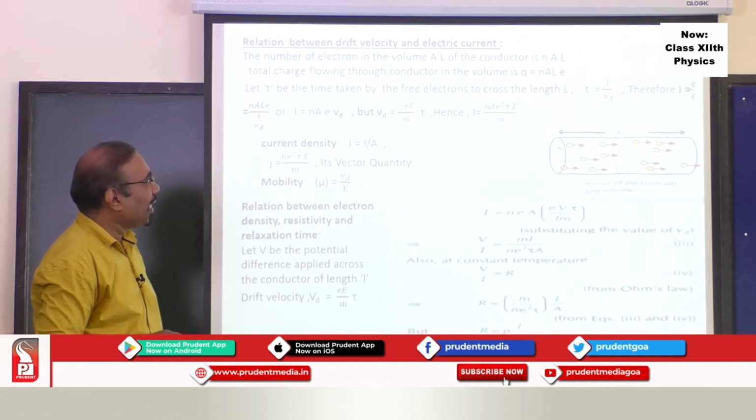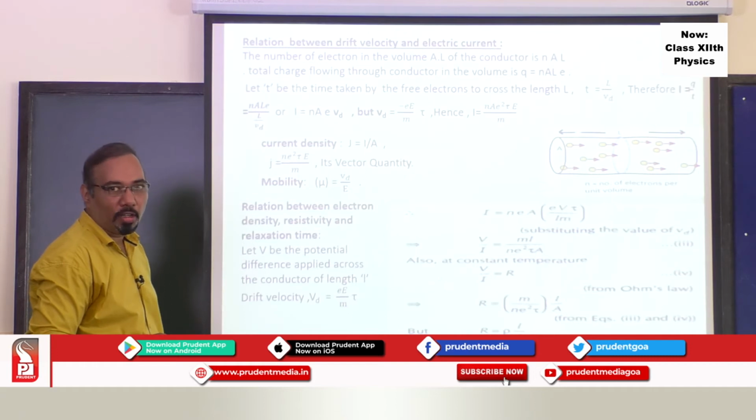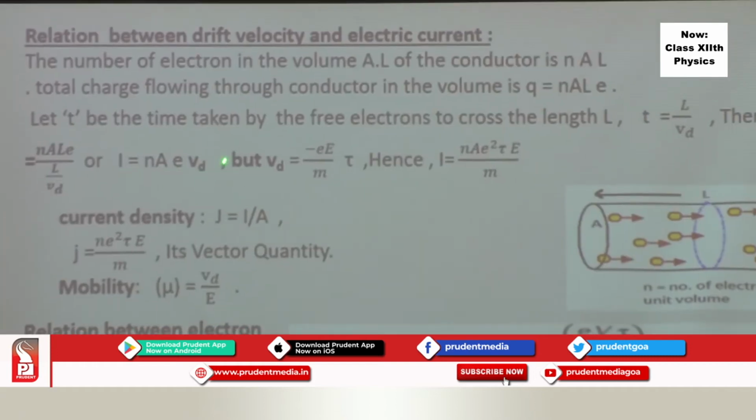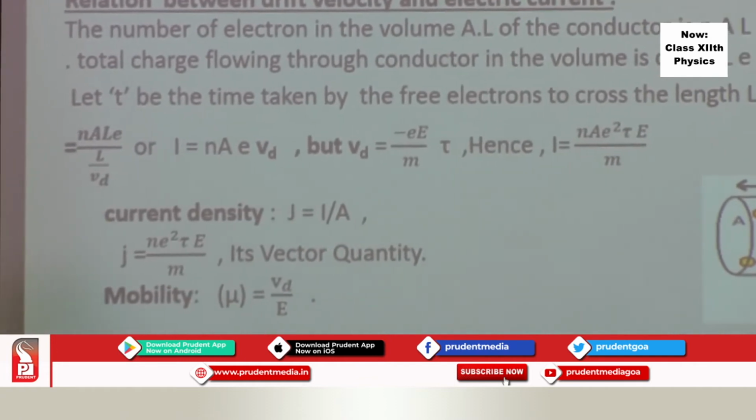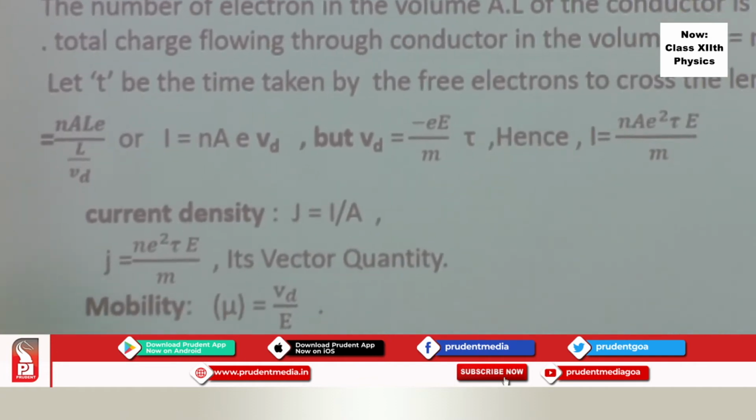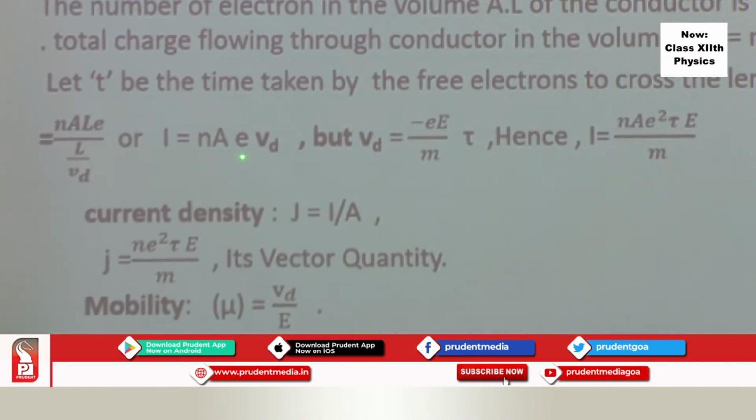Time I can write as length upon velocity. Substitute that, and you will get this beautiful relation: I is equal to nAeVd, where n is the number of electrons per unit volume, A is the area of cross section of the conductor, e is the charge of an electron, and Vd is the drift velocity.